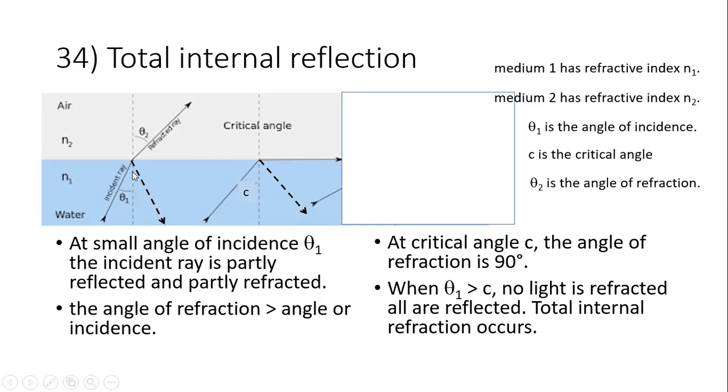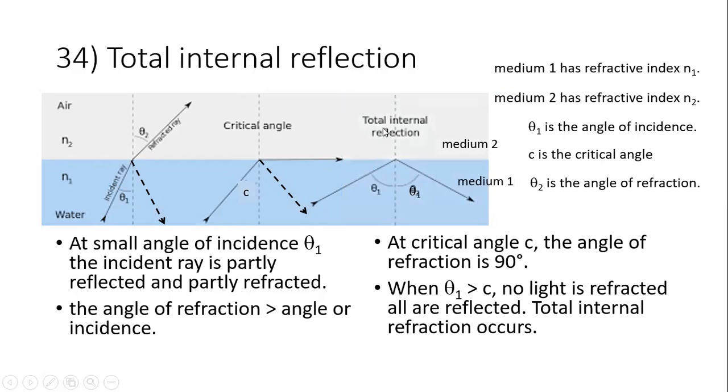If we increase our angle of incidence theta 1 to greater than C, the refracted ray disappears and only the reflected ray remains. So we call this total internal reflection. At total internal reflection, there's no refraction.